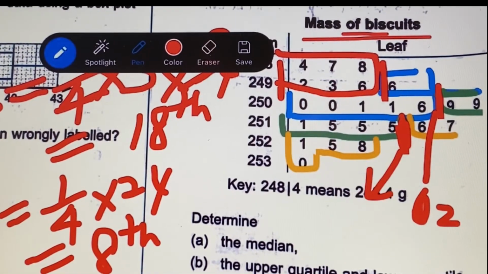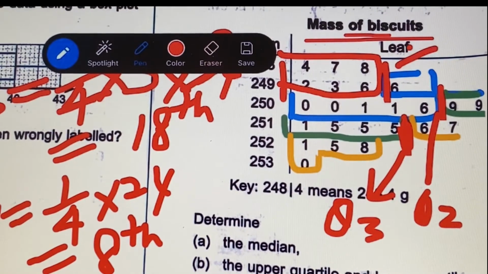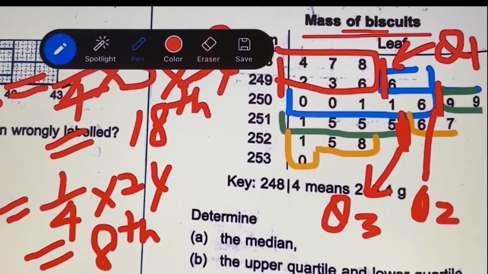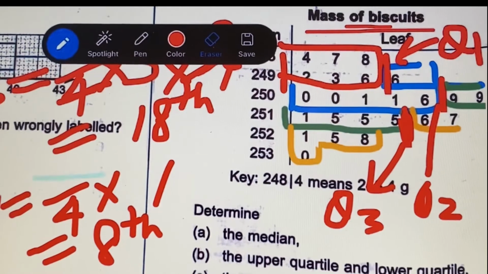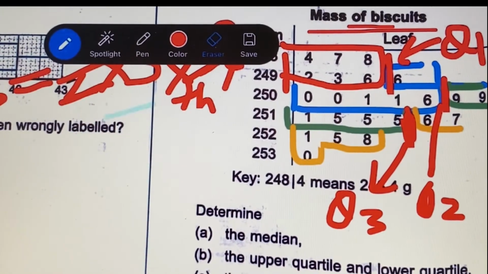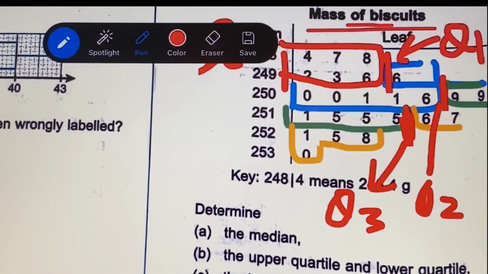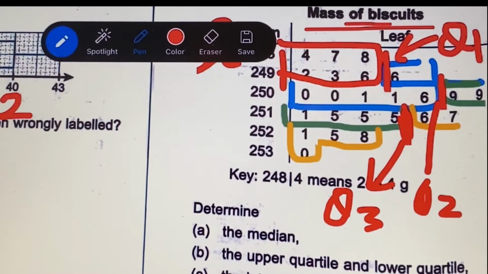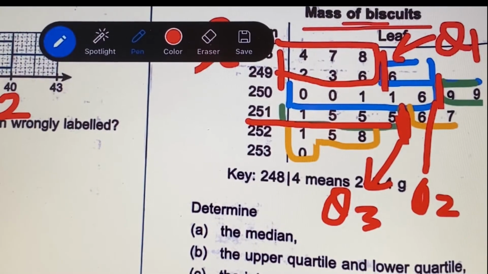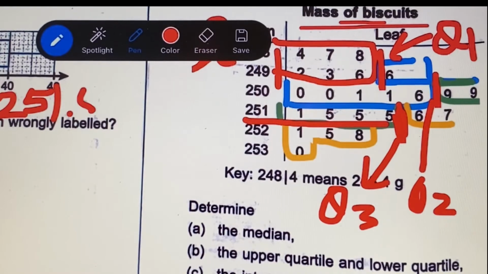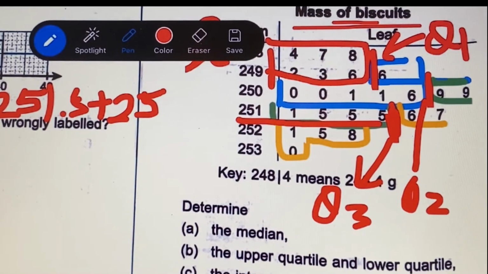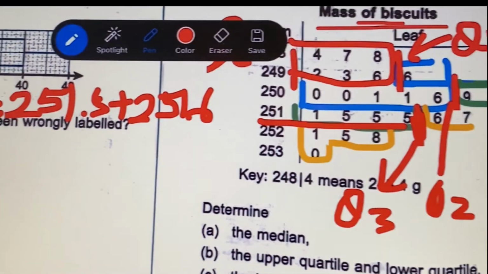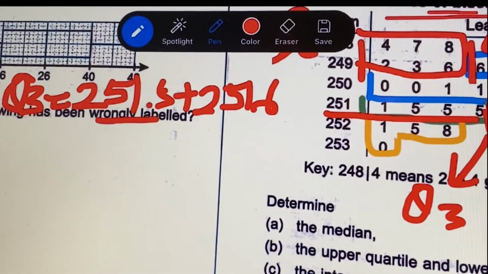So this is Q3, this is Q1. So that means for Q3, let's use a calculator. Q3 will take 251.5 plus 251.6, right? And then we divide by 2, average.